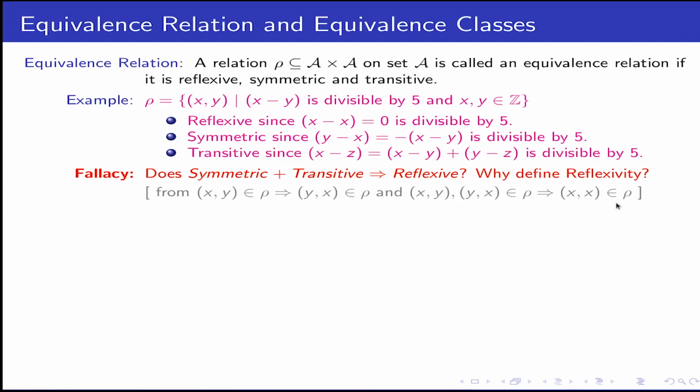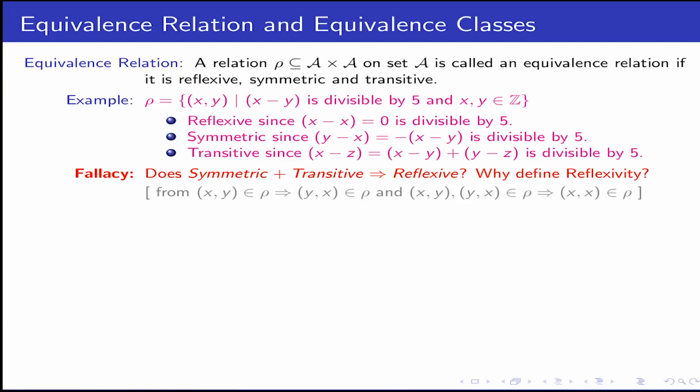So do we need to define the reflexive nature here? Because symmetric and transitive can do everything. Where is the fallacy? Why are we defining an equivalence relation as symmetric, transitive as well as reflexive?